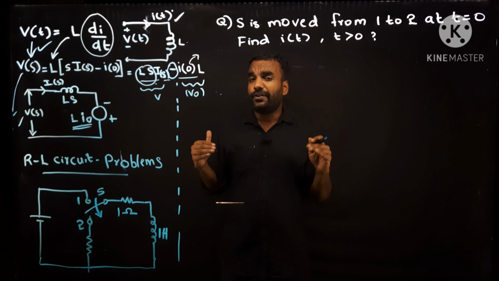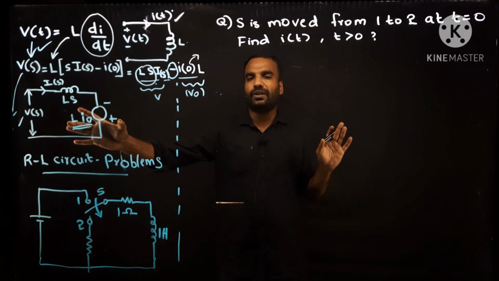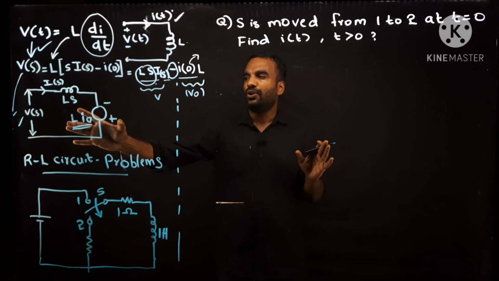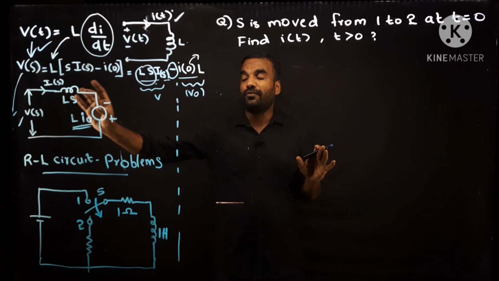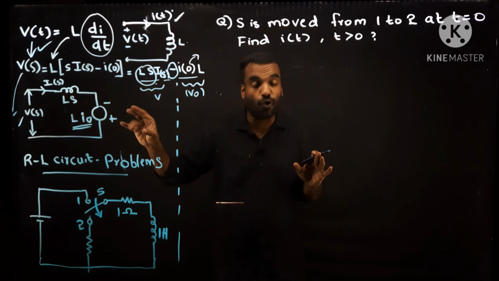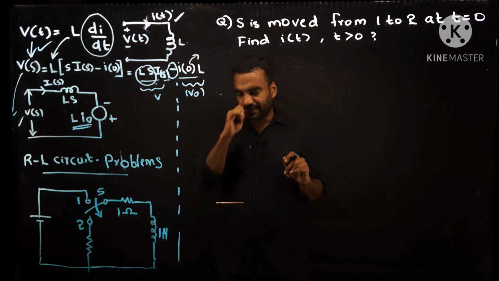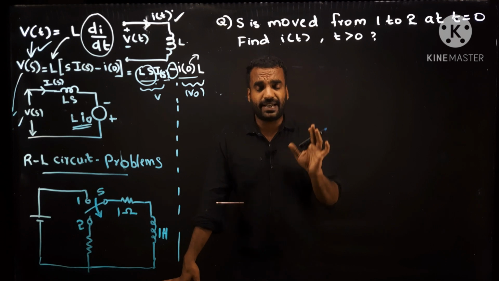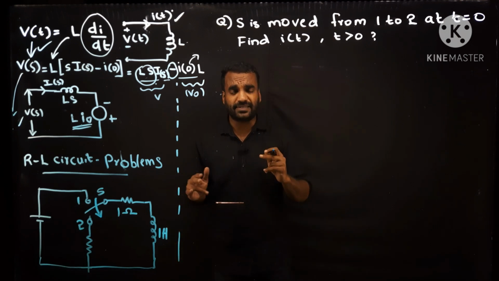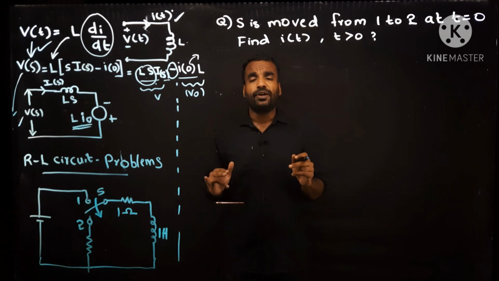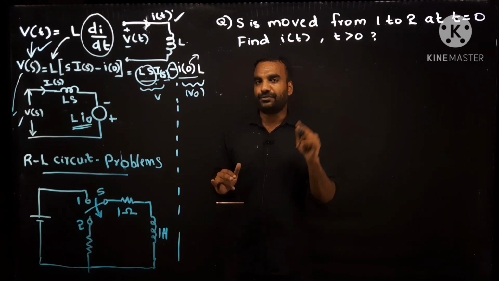If initial conditions are there, you have to connect this also. If the initial condition is not given or the initial current is 0, you have to connect only Ls for an inductor. If initial current is there, you have to connect an additional voltage source also with that equivalent circuit. Is it okay? So please conclude: whenever you see an inductor in a time domain circuit and want to convert it into a frequency domain circuit, you have to draw Ls instead of L.